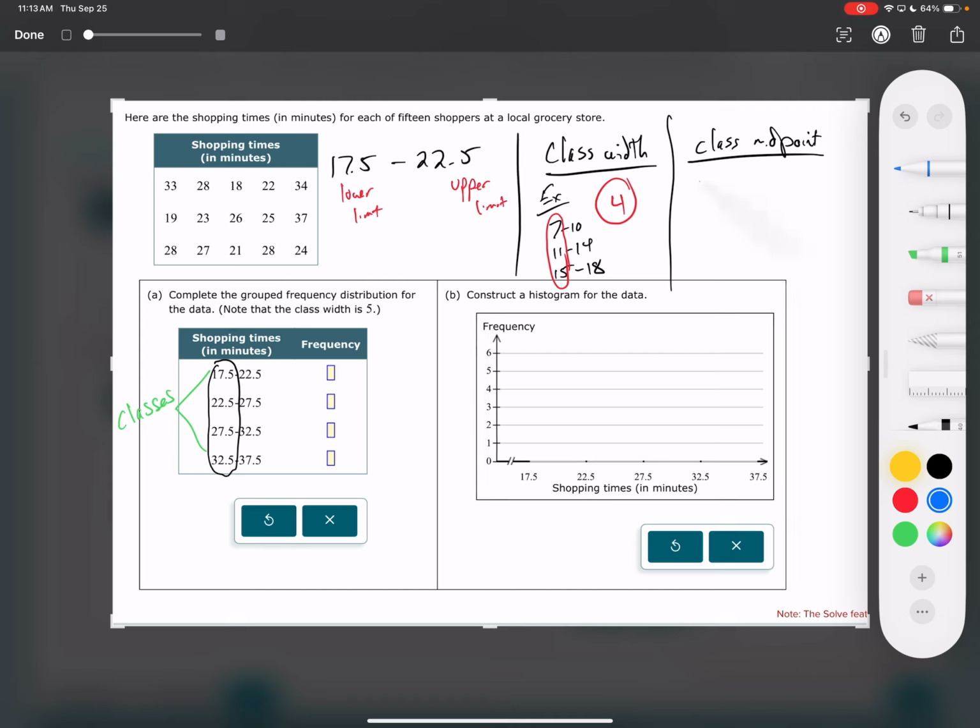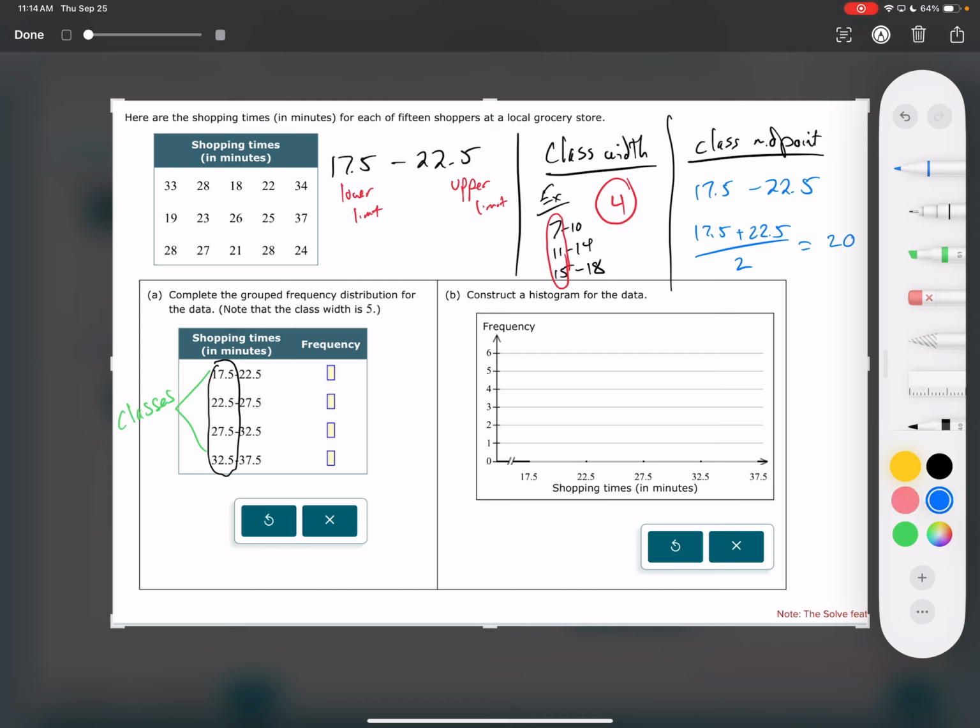Anybody know how to find the middle between two numbers? You're finding the average of them. You add them up and divide by 2. Okay, so what is that? Is that 40? Is that 20? Okay, so my class midpoint will be 20 right there. I'll show you how that's used in just a second.